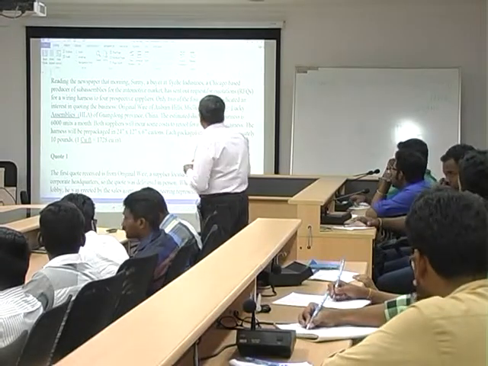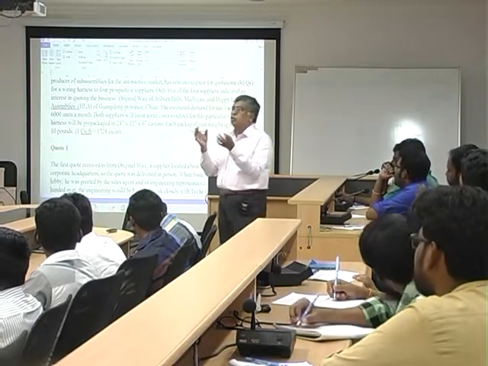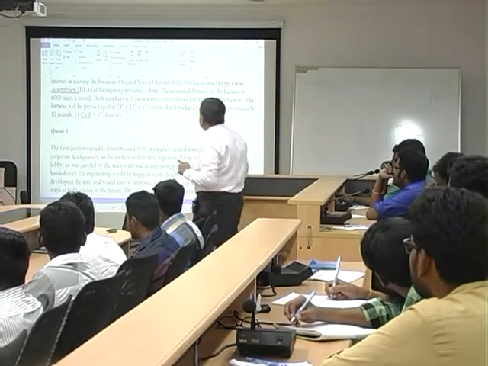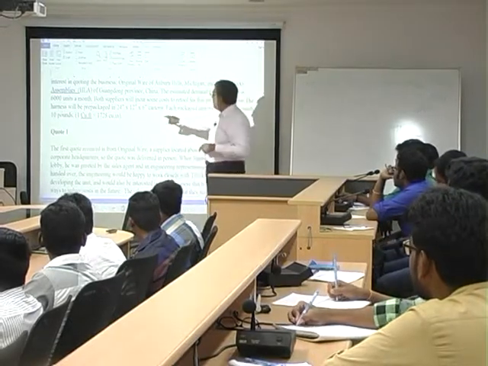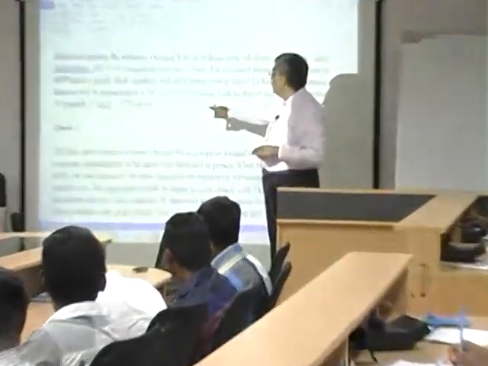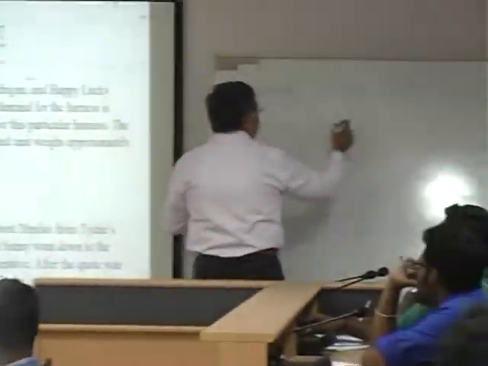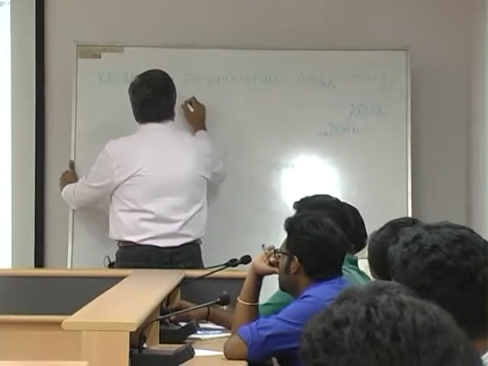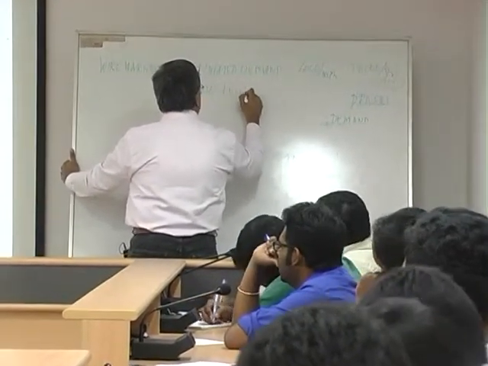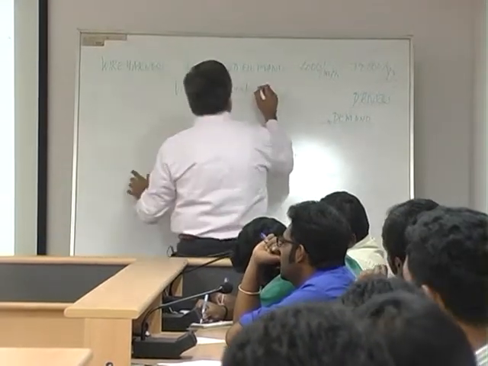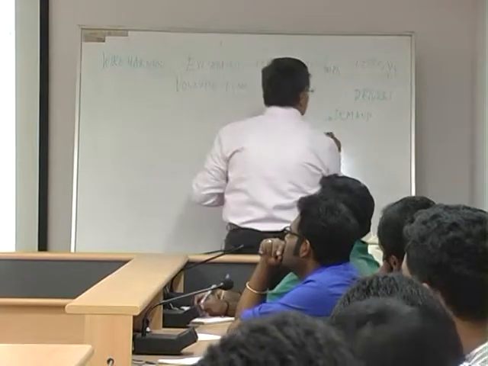The second thing we are told is the volume occupied by 1 unit of the harness: 24 inches by 12 inches by 6 inches is 1,728 cubic inches, which is 1 cubic foot. So the volume occupied by 1 unit is 1 cubic foot. The second driver is volume.